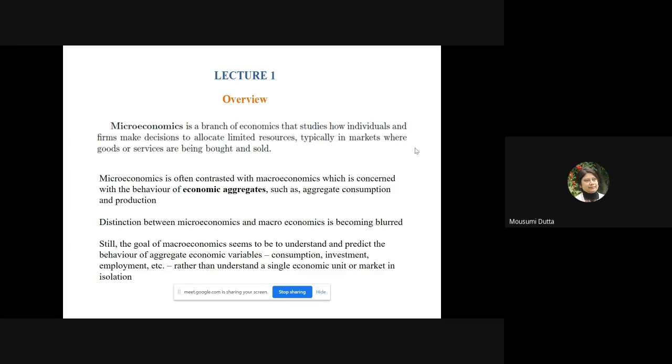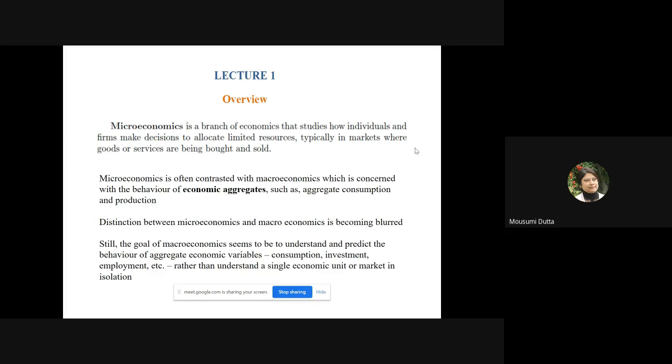Now still, as beginners, we may consider that the goal of macroeconomics seems to be to understand and predict the behavior of aggregate economic variables like consumption, investment, employment, etc., rather than understand a single economic unit or market in isolation.